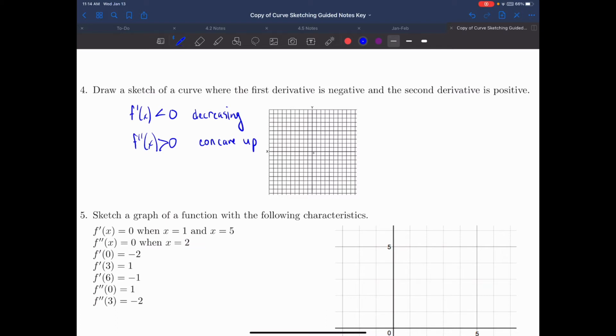So it is a decreasing function that is concave up. Here is one example of that. Pretty basic stuff when you're sketching that type of function, just simple functions based on statements like that.